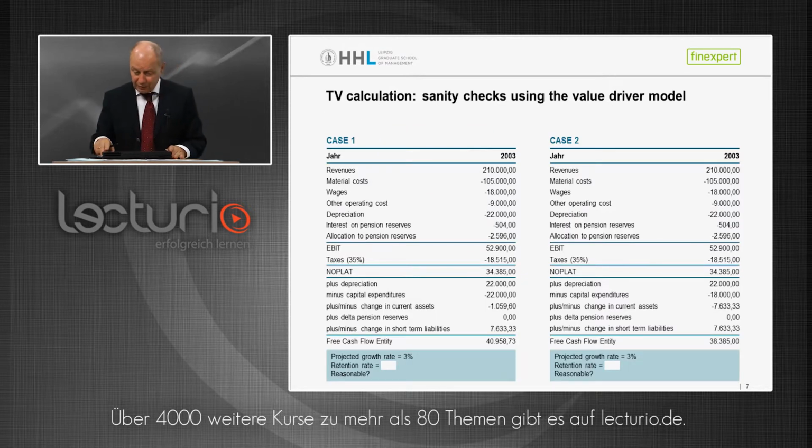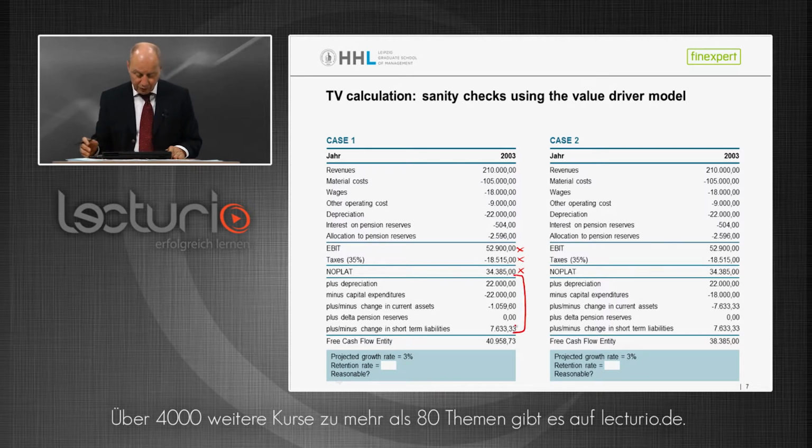So here are some examples of how to use the sanity check that I have just mentioned. Let's presume that this is the profit and loss statement and the derivation of our free cash flow in the first year of our terminal value calculation. So you see here we have our EBIT projections, we have taxes on the EBIT, we have our NOPLAT. And here you see now our retention in total.